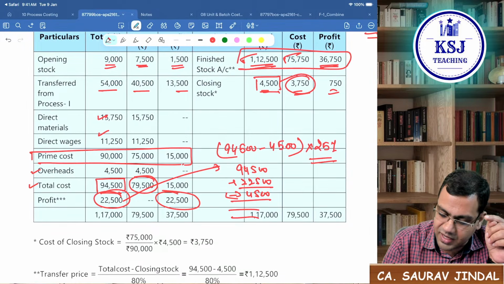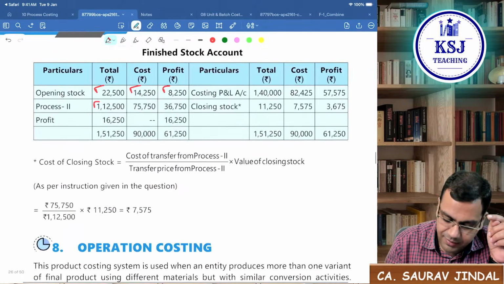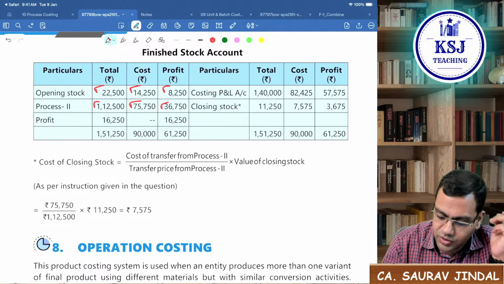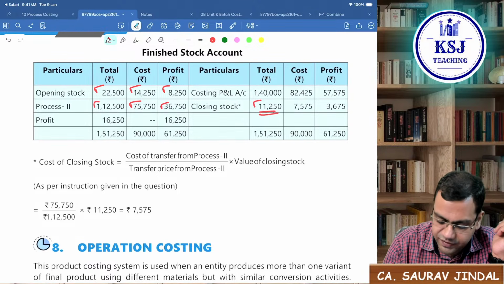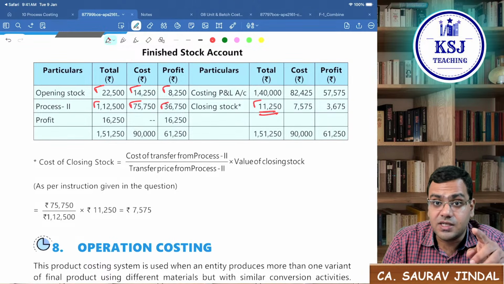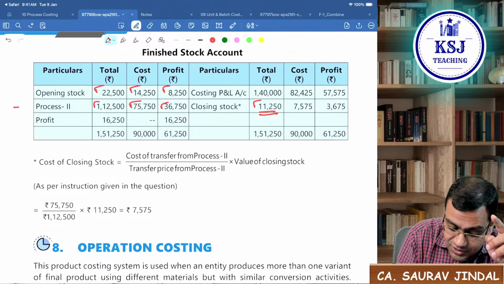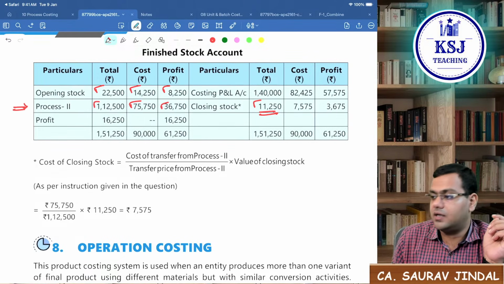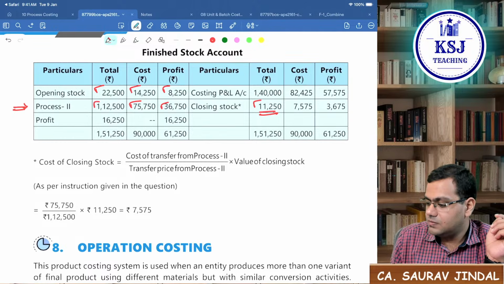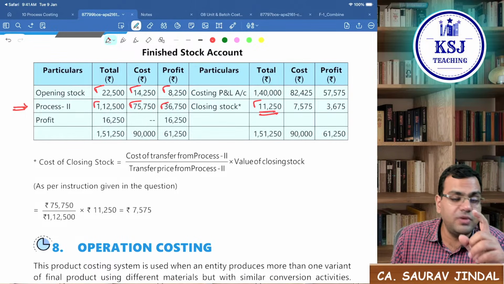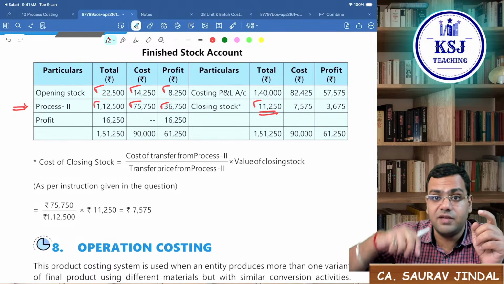What is the total value, cost element and profit element? Then closing stock, 11,250. How will you value this? They say the closing stock is to be valued on what basis? On the basis of the value which they are getting from process 2.